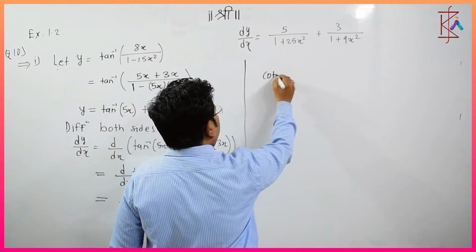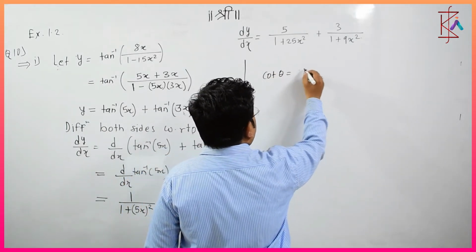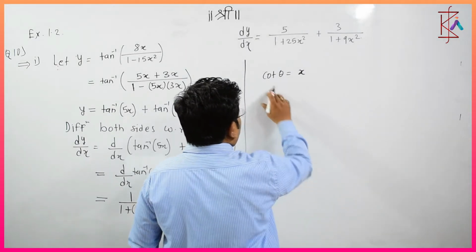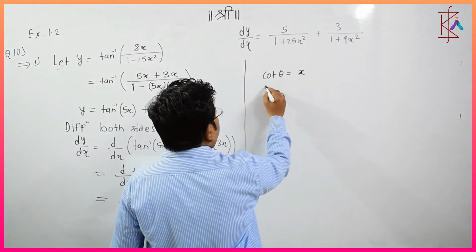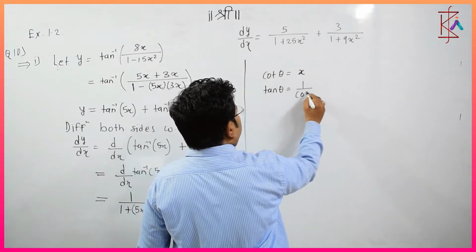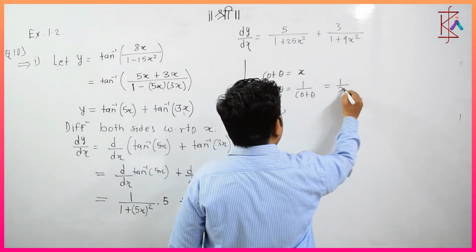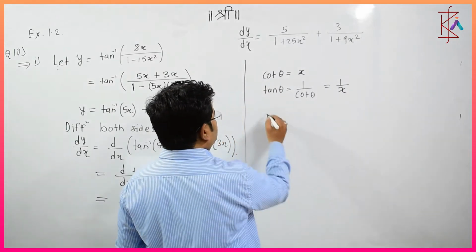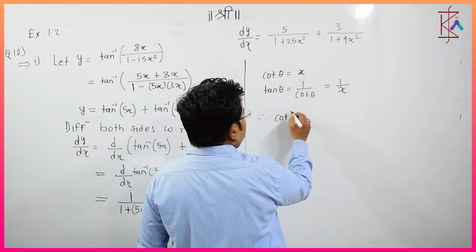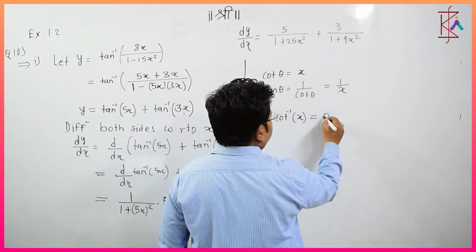So cot theta is equal to, let's say, any x. Cot theta is equal to x, but tan theta is equal to 1 upon cot theta, which is equal to 1 upon x. Is there any doubt? No. If I write it like this, cot inverse x is equal to theta.